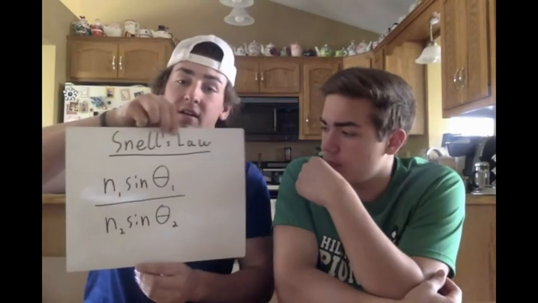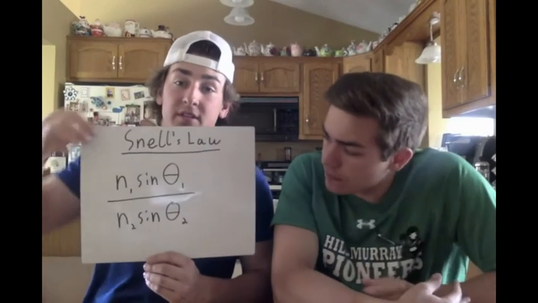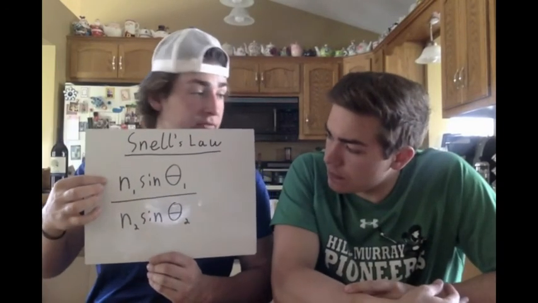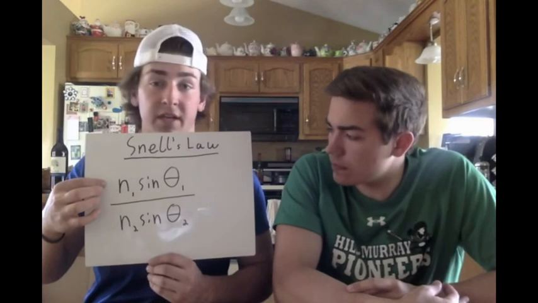So how do you find something's refraction? Well, what you're actually looking for is its angle of incidence or refracted angle. Now, an angle of incidence is the angle at which something comes into a new medium. Now, to find that, you use Snell's law. And to use Snell's law, which we can see here, you need to know three things. You need to know the refractive index of the first medium.